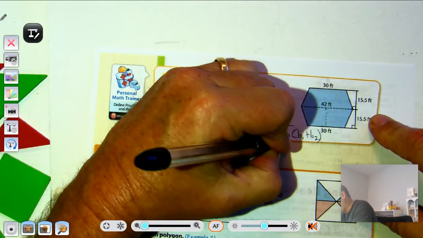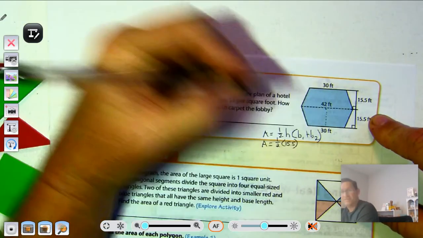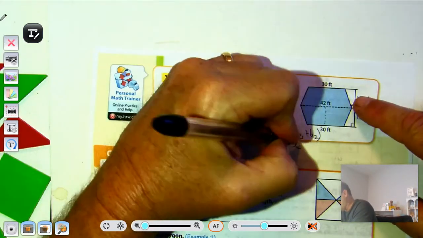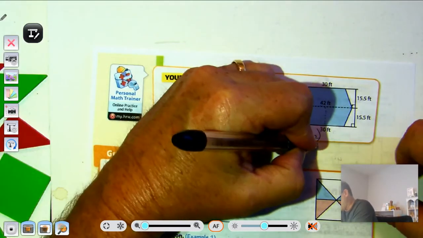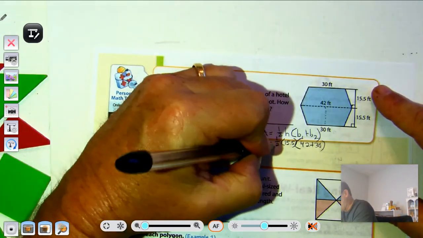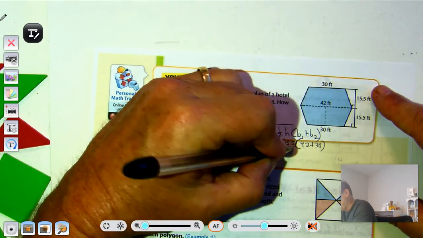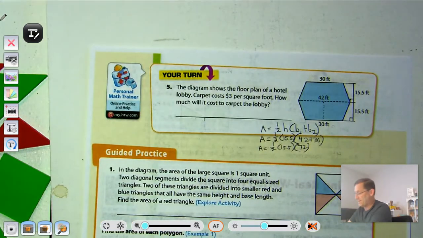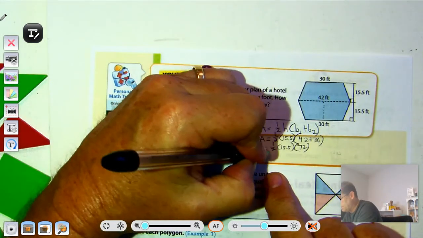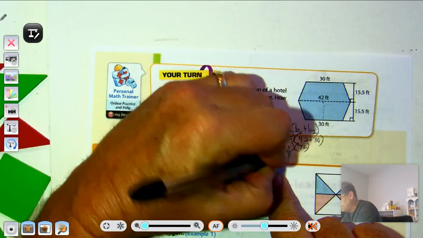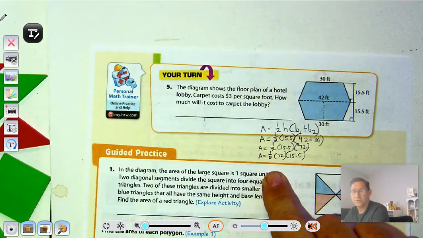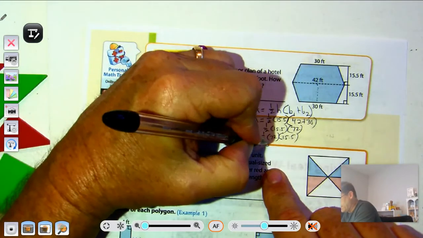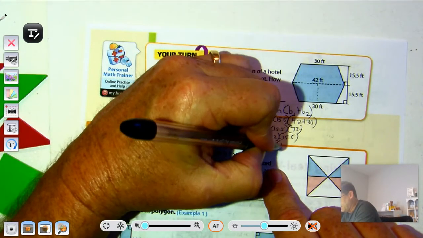So we're going to go half of 15.5 times the sum of 42 plus 30. So we have 1/2 times 15.5 times 72. Well, I'd rather take half of 72. So I'm going to use the commutative property of multiplication. And we get 36 times 15.5.